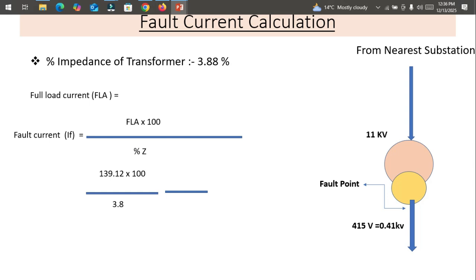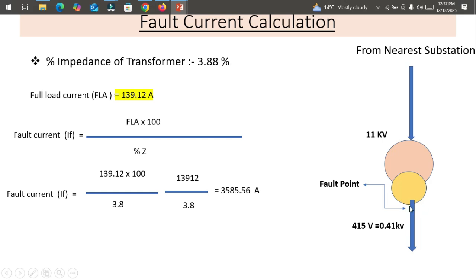FLA is 139.12 into 100 divided by 3.88, the percentage impedance. If you calculate, it will become 3585.56 amperes.